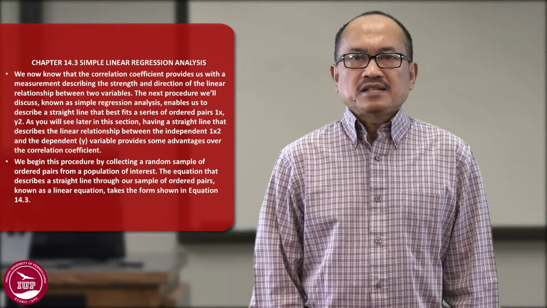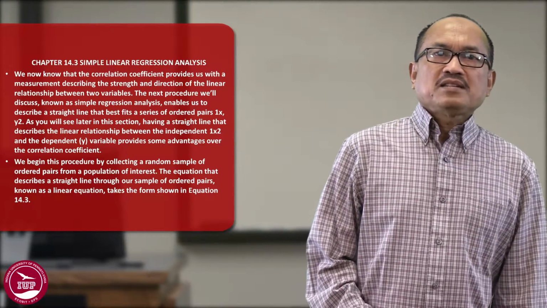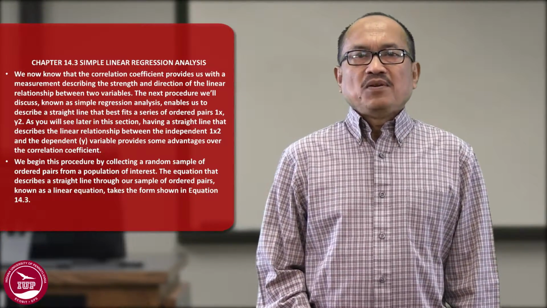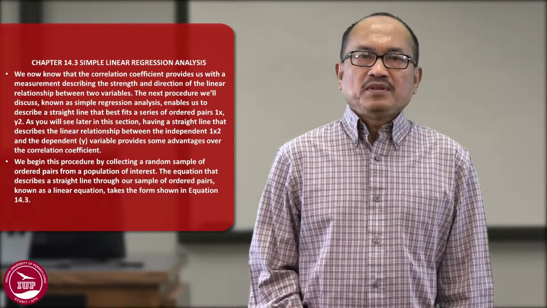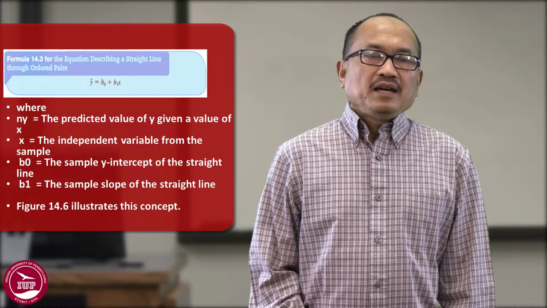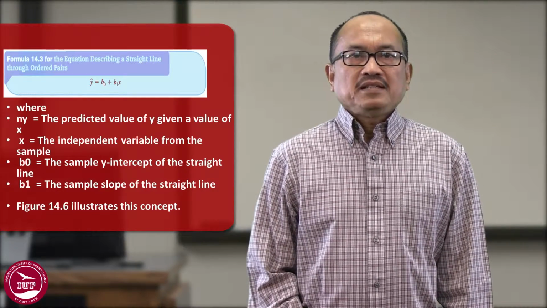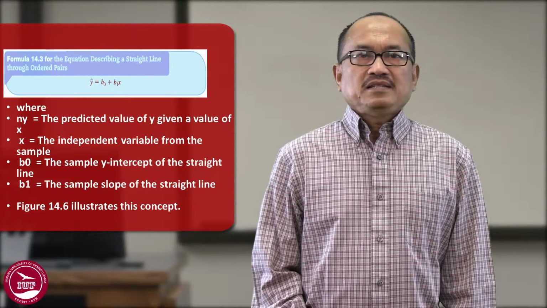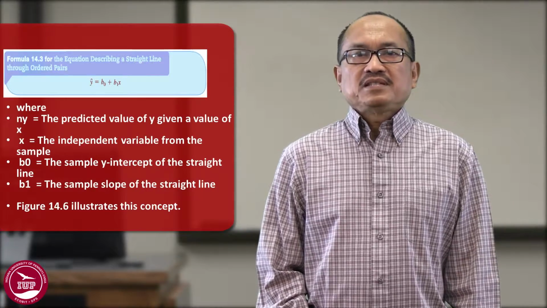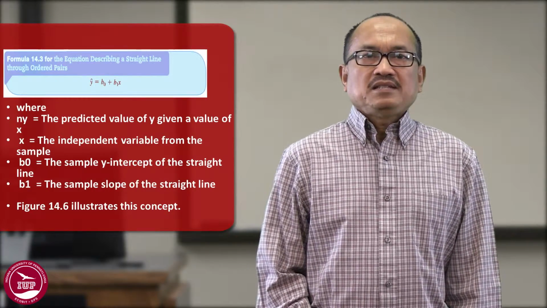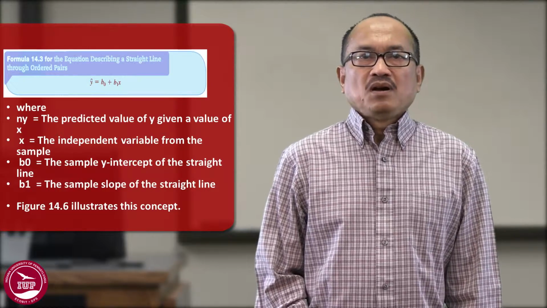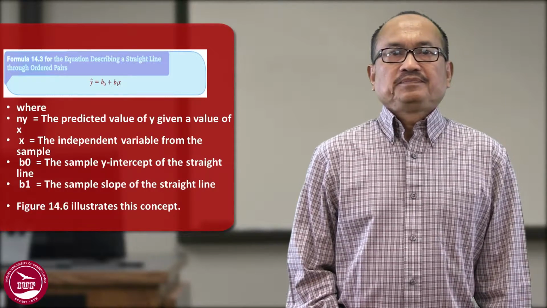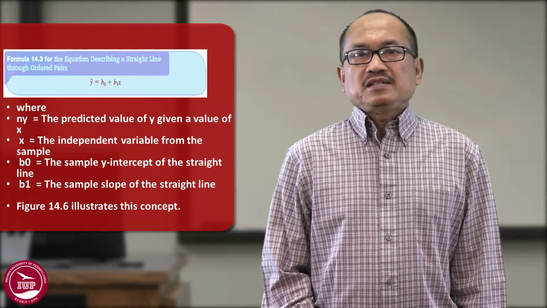The equation that describes a straight line through our sample of ordered pairs, known as a linear equation, takes the form shown in equation 14.3, where ŷ equals the predicted value of y given a value of x. x is the independent variable from the sample. b0 is the sample y-intercept of the straight line. b1 is the sample slope of the straight line. Figure 14.6 illustrates this concept.